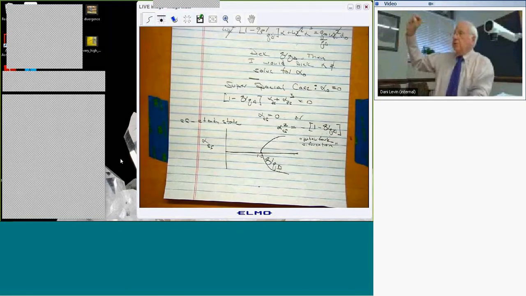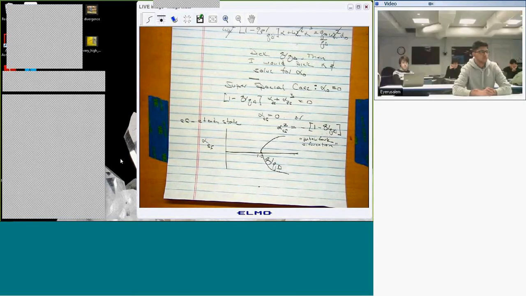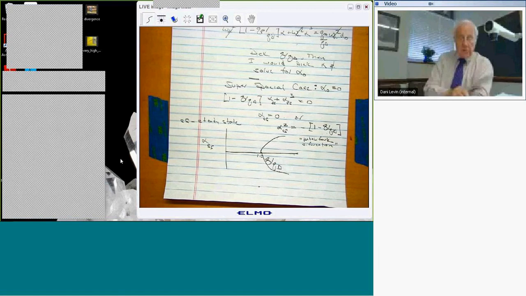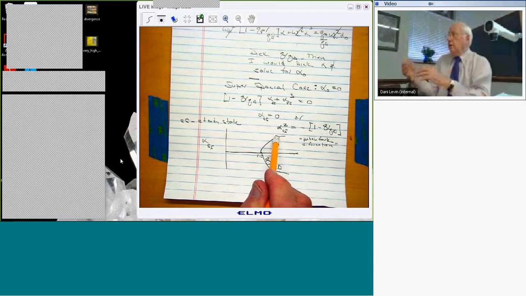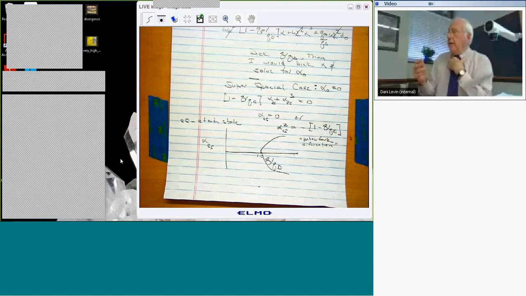If I started out with a positive initial alpha, I would go to one of these branches, and if I started out with a negative value of alpha at t equals 0, I go to the other branch. By the way, it is initially true that if you start with a positive alpha at time t equals 0, you end up with a positive branch. It depends on lots of things, including Q over Q sub D, and actually the damping factor and all that.